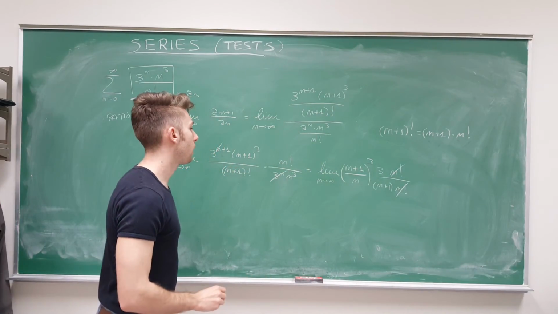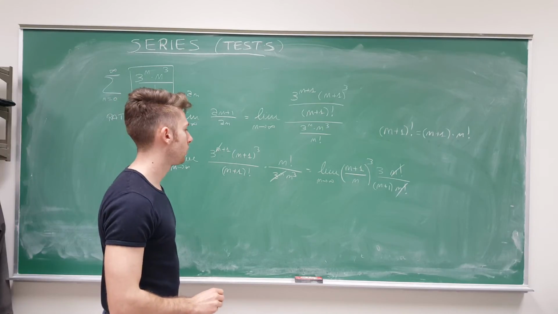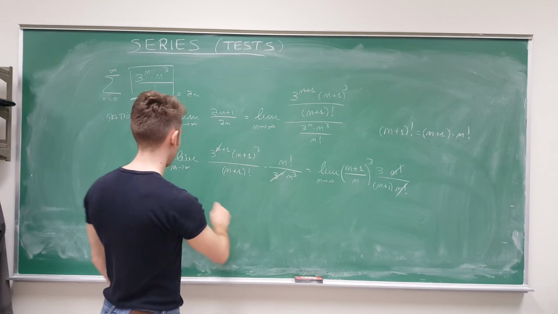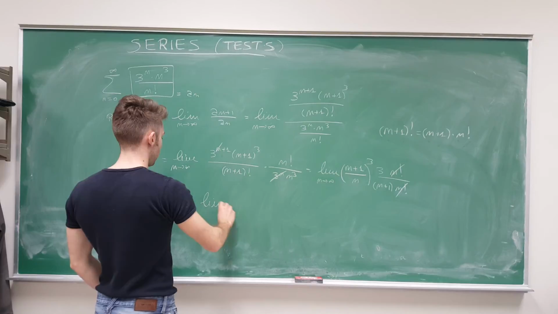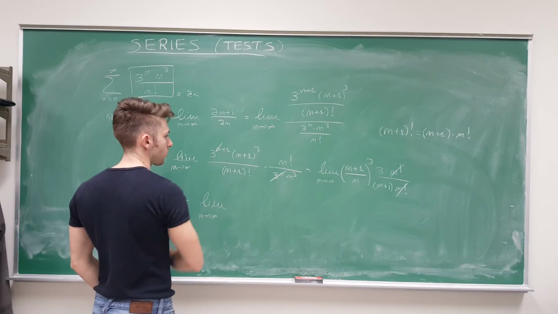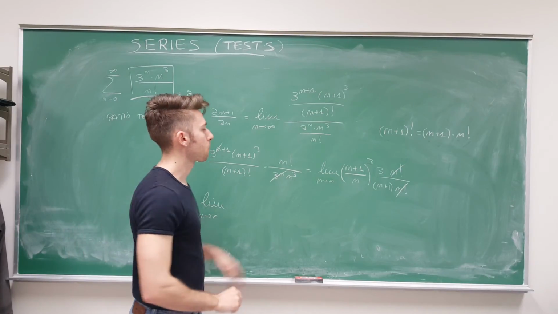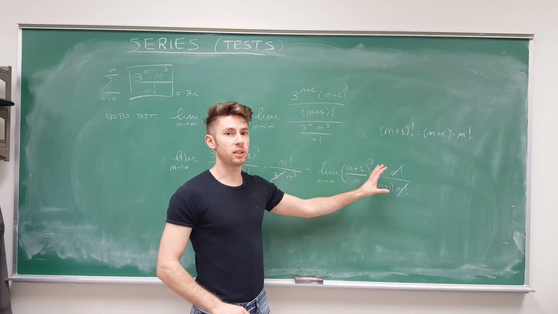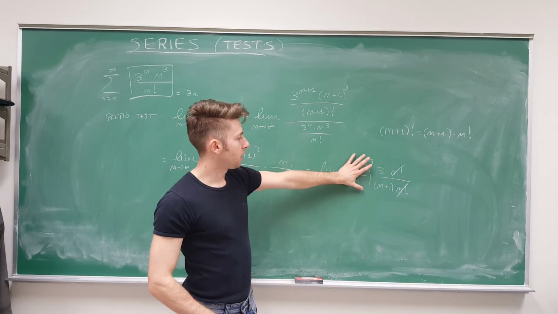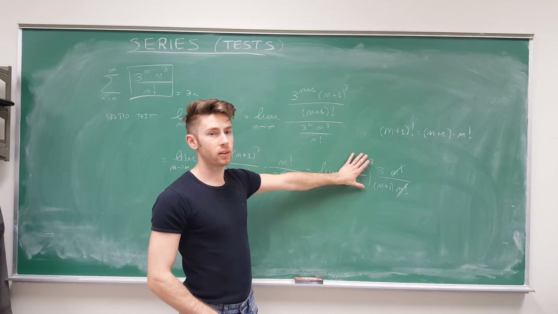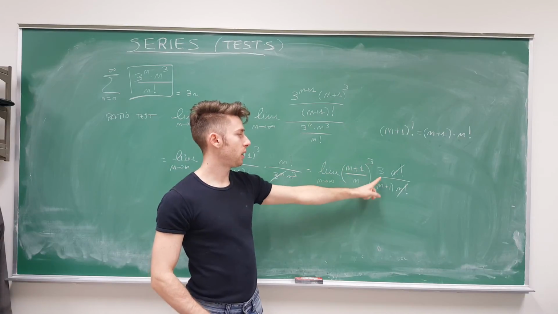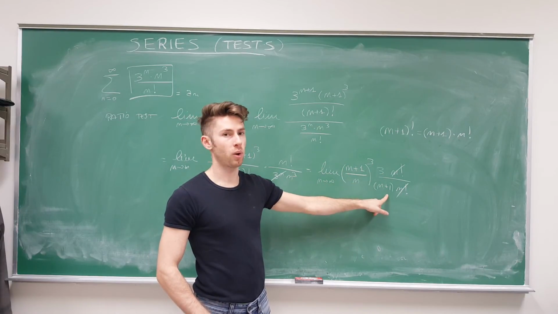So now, this limit is clearly going to be 0 because this quantity approaches 1 cubed, and then I have 3 divided by n plus 1.